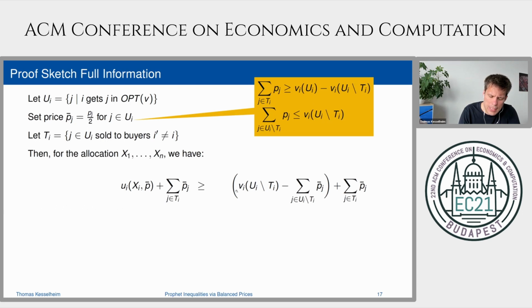Then they will have value of Ui take away Ti, and they'll have to pay for everything in Ui take away Ti. Maybe they're buying a different set, but this is certainly a lower bound on the utility. And then everybody else is, of course, paying for these items in Ti. So this is what we're collecting as revenue for items in Ti.